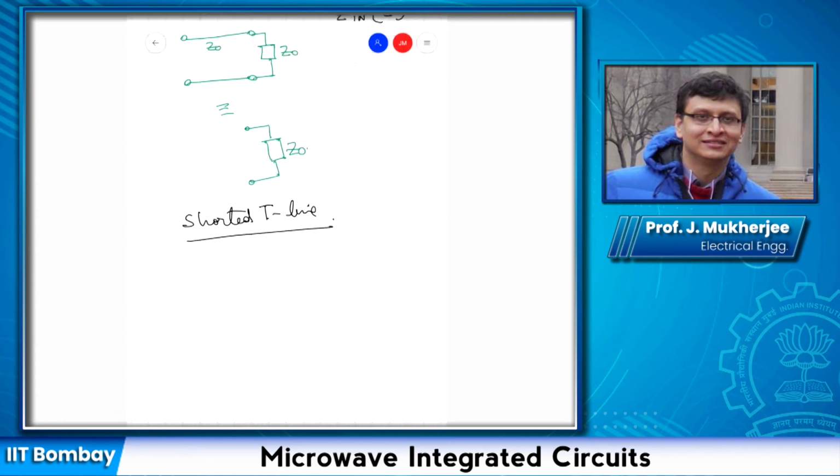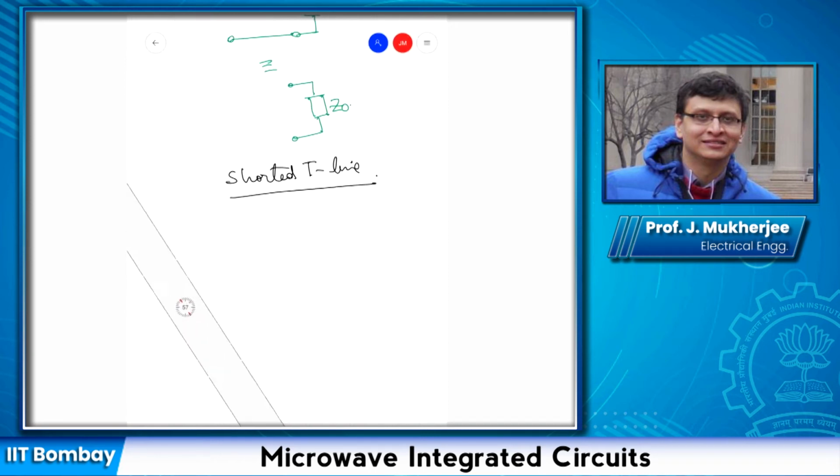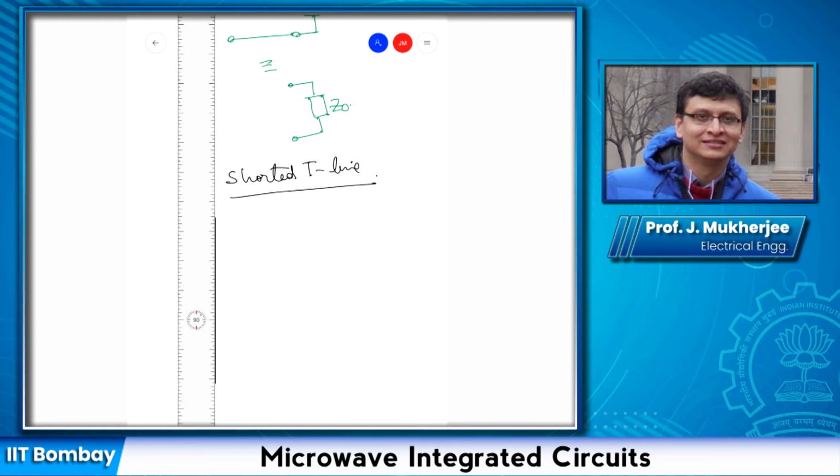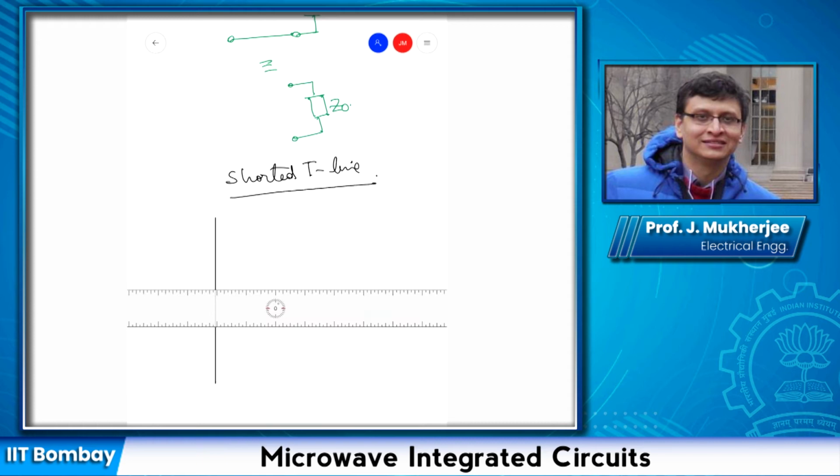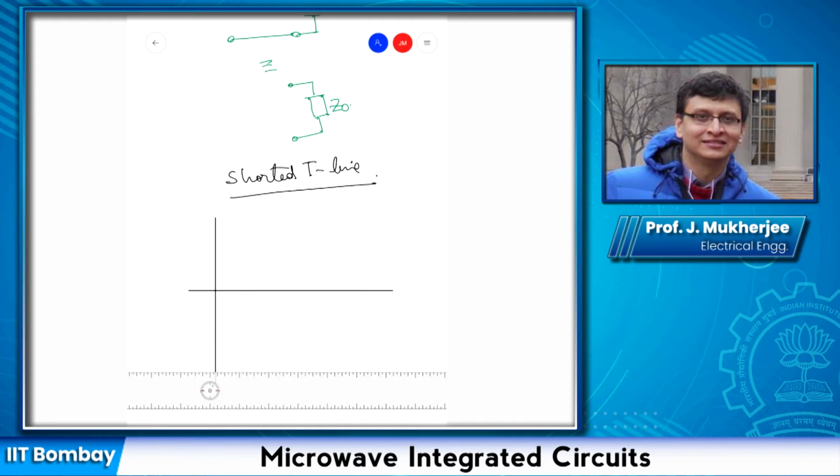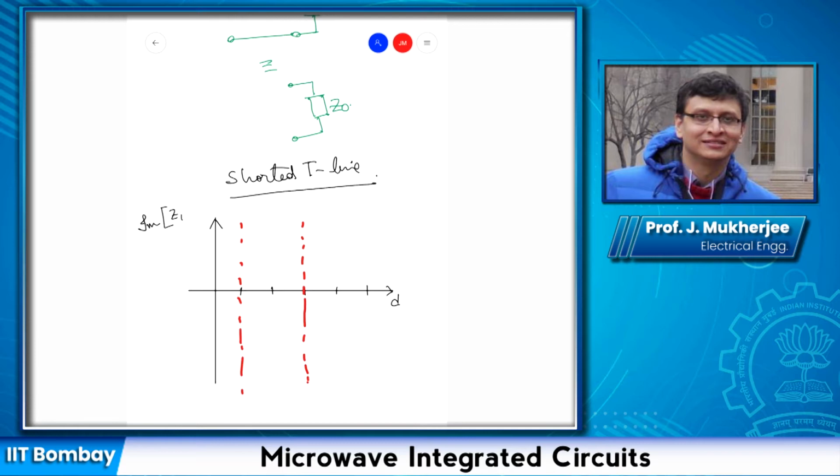So if we plot the imaginary component versus d, in the x-axis we have d, in the y-axis we have the imaginary part of Zin.